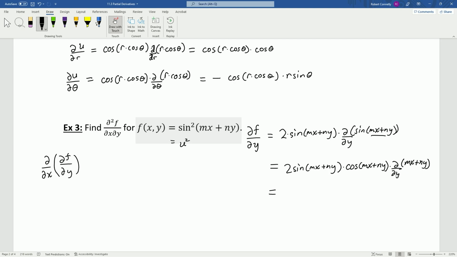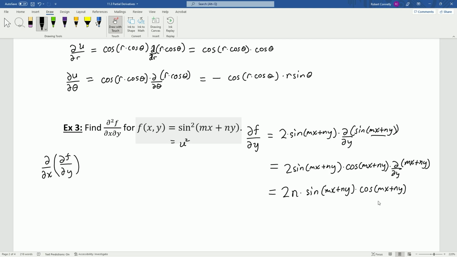And the derivative with respect to y of this is just going to be n, so I'm going to move that n up front. So this is 2n times sine of mx plus ny times cosine of mx plus ny.